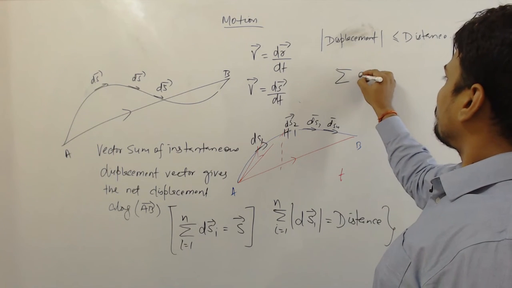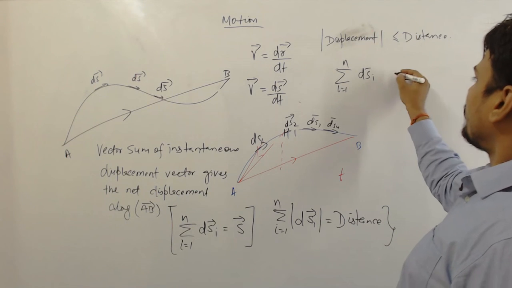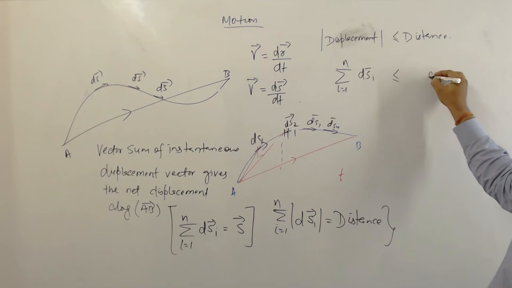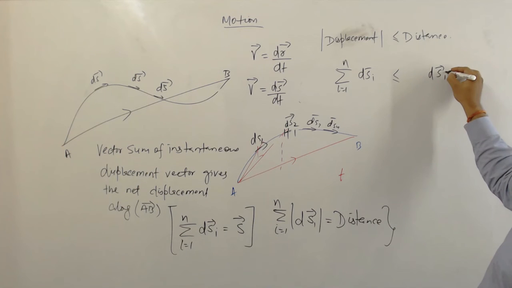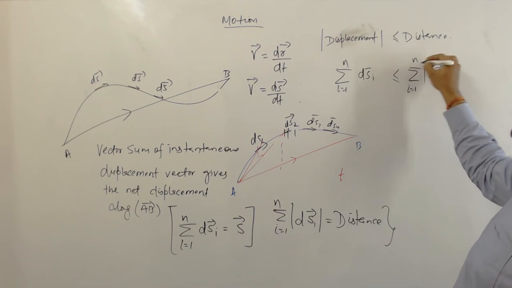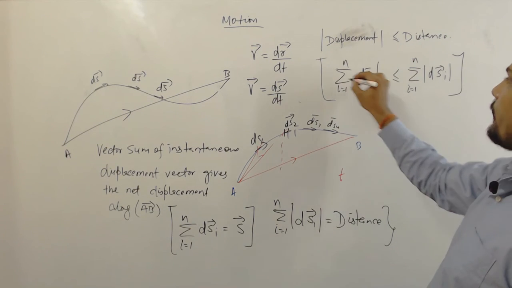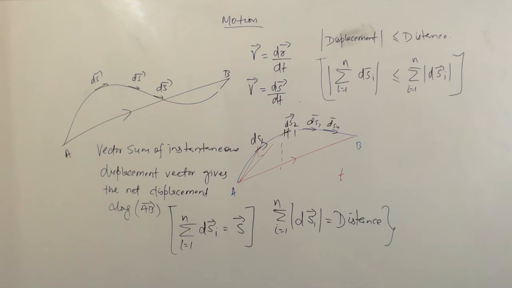Sigma of ds_i, where i equals 1 to n, is going to be greater than or equal to the magnitude of the displacement vector, and summation of that from i equals 1 to n. That is what we have. इसका ले लो magnitude, है ना जी? So mathematically this is the language format and this is how we have to write the mathematical part of it.